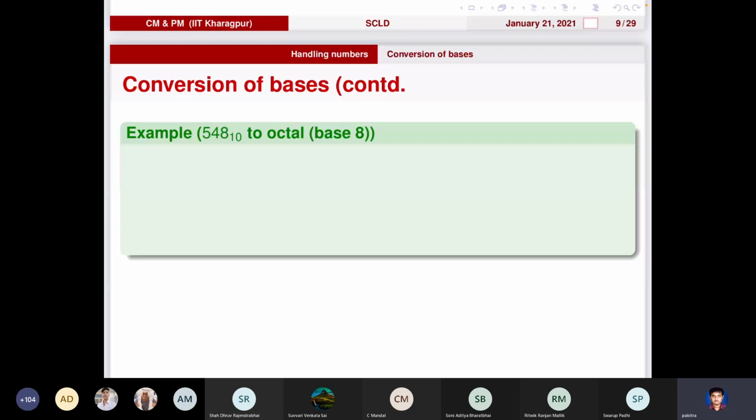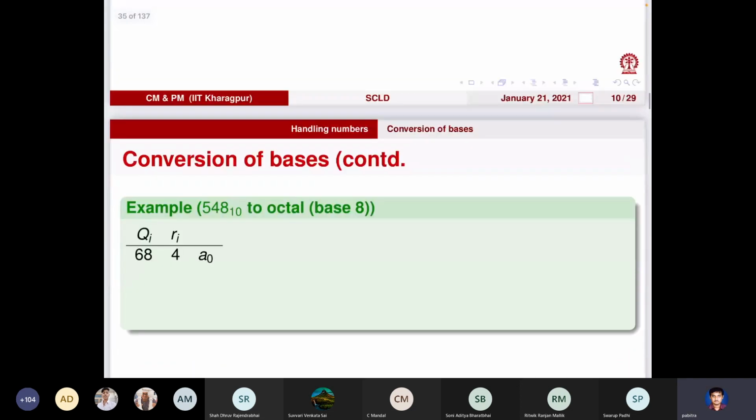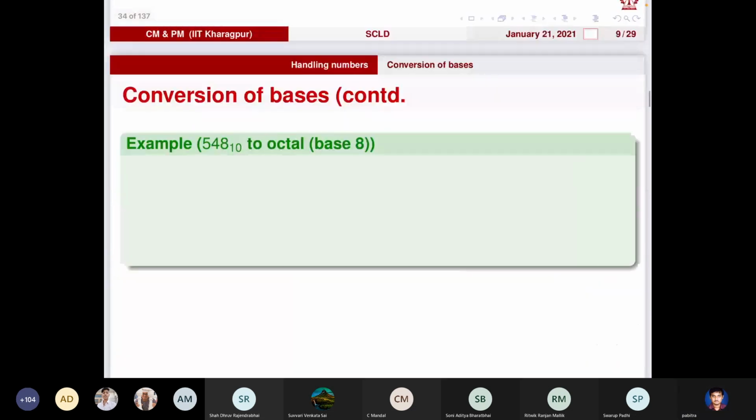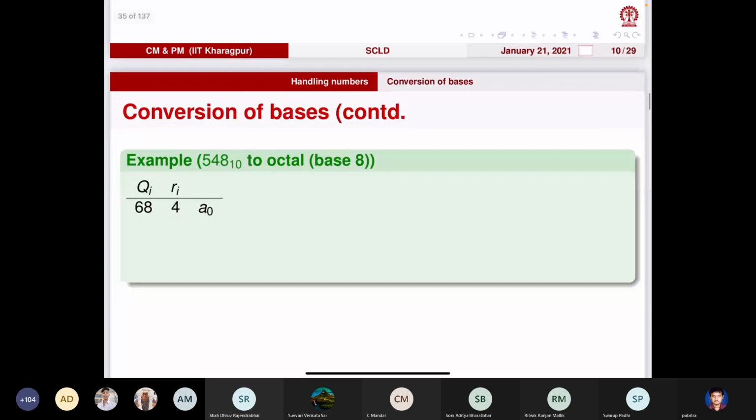All right. So let's say I want to convert from decimal to octal. So 548 decimal, I want to convert to base 8. If we divide 548, by how much should we divide?